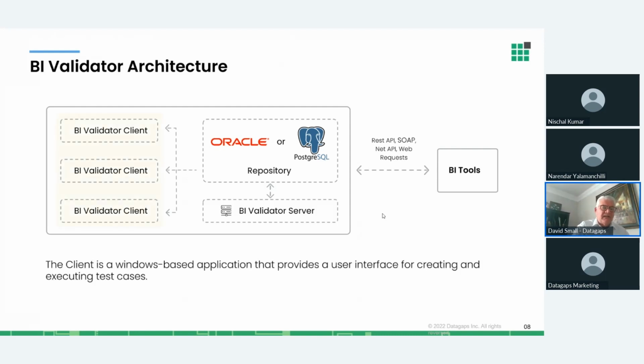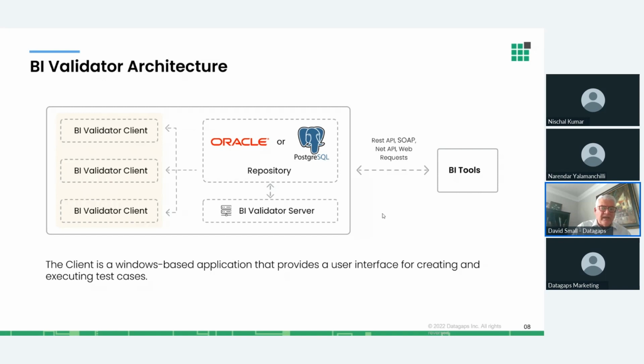So things happen in the client. Your interaction begins by logging into the BI Validator client, sitting on your desktop, and that's where all your interaction is. That's where you tell it which version of Oracle data analytics you want to connect to. You give it some credentials to be able to log in. And you also indicate which test cases you want to run. And all that interaction, and we'll demonstrate that here in a few minutes, is done at the client level.